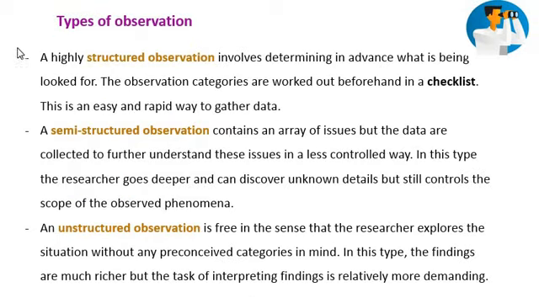Let's talk now about the types of observation. Observation is a set of methods. It means that observation is not always done in the same way. As is the case with interviews, observations can be classified into structured, unstructured, and semi-structured. This is related to one point which has already been described in interviews.